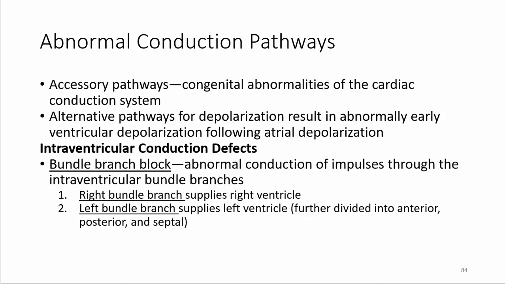The bundle branch blocks are just what it sounds like. So the block happens in the left or right bundle branch. The right bundle branch is the right ventricle, the left bundle branch is the left ventricle. The problem with this is if there's a delay in the one, then the one ventricle has its systole at a different time than the other ventricle.